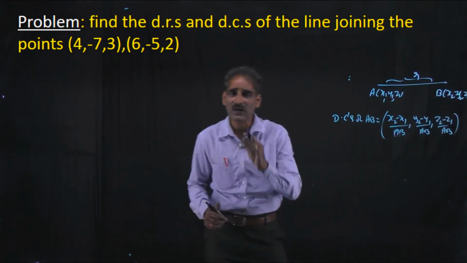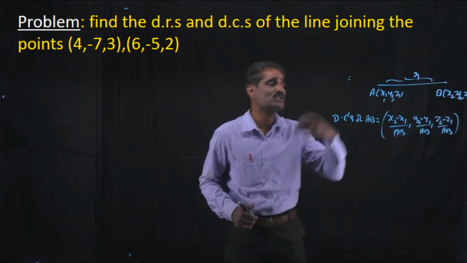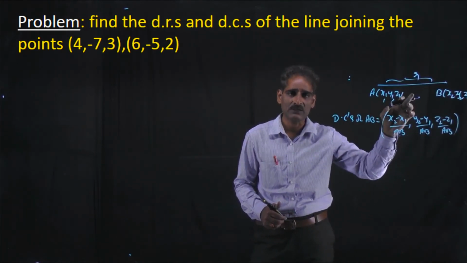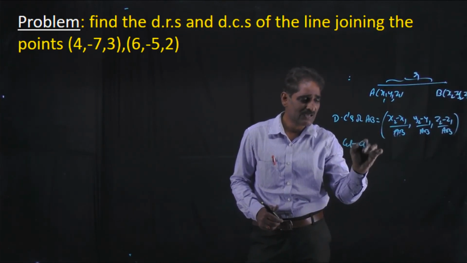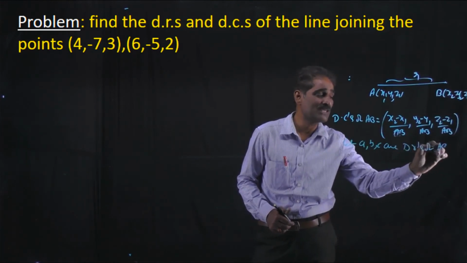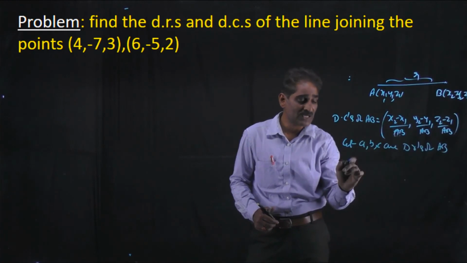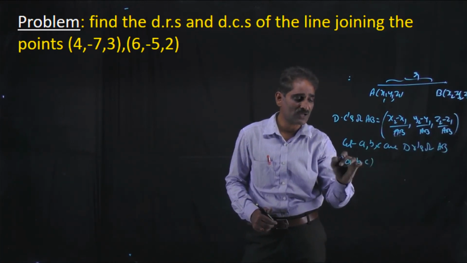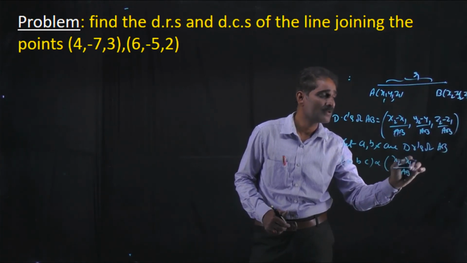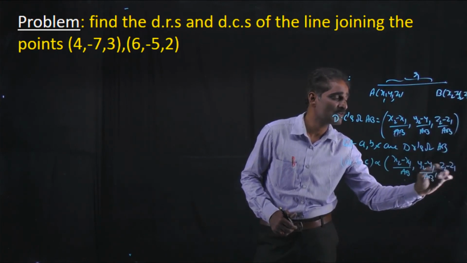So, what about the meaning of DRs? DRs are nothing but proportional to the DCs. Here clearly these are the DCs of the line AB. Let's suppose A, B, C are the DRs of the same line AB. So these three are proportional to these three. That means A, B, C are proportional to x2 minus x1 by AB, y2 minus y1 by AB, z2 minus z1 by AB.